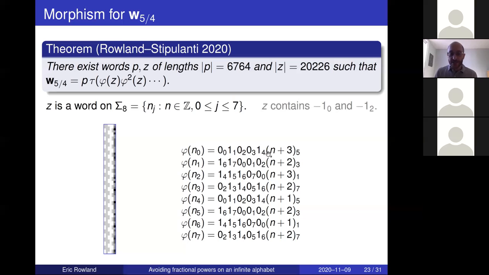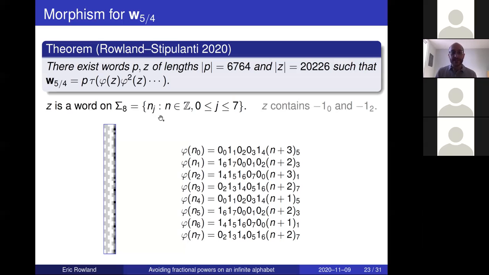And another feature here is that when we get to the end of an image, this is a 6 uniform morphism, but we have 8 letters. So we don't complete a period of length 8 in the 6 uniform morphism. So when we have a subscript 5 at the end of this image, then the subscript at the beginning of the next image has to be 6, and so on.